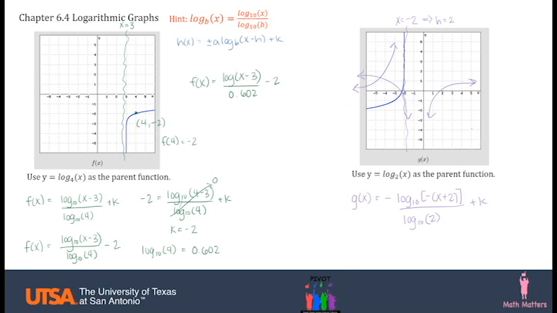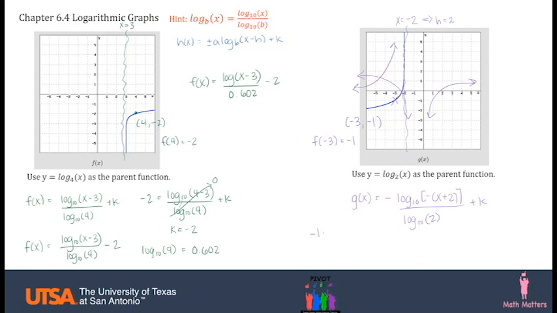So again, just like the first problem, what we can do is pick a clean point. We can find one here at negative 3, negative 1. And then we can plug this in and solve for k. So this point means that g of negative 3 equals negative 1, and we can just plug that in.